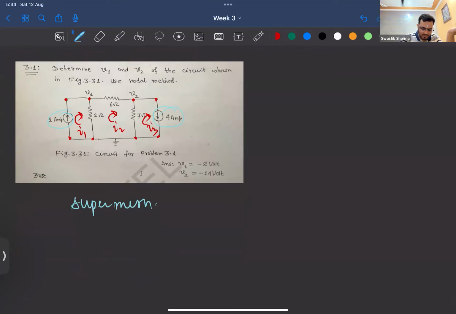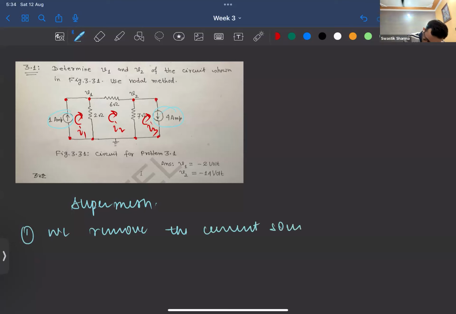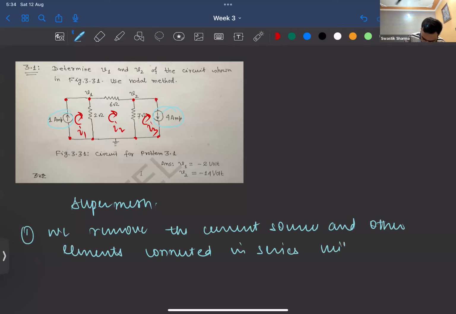We can even remove these elements. So once we remove them, this won't be a mesh and this won't be a mesh.